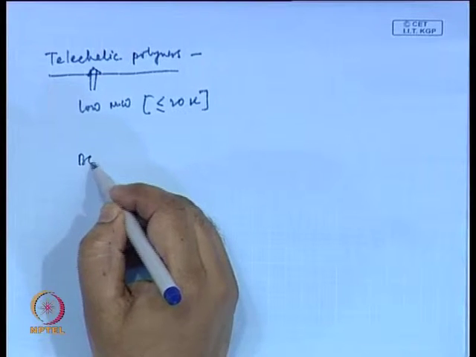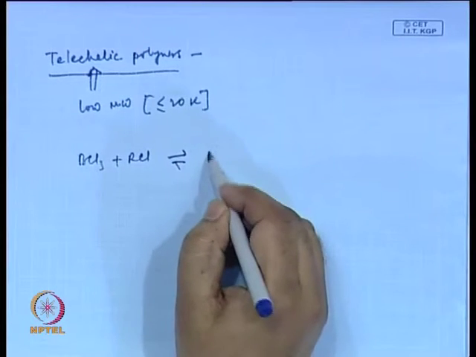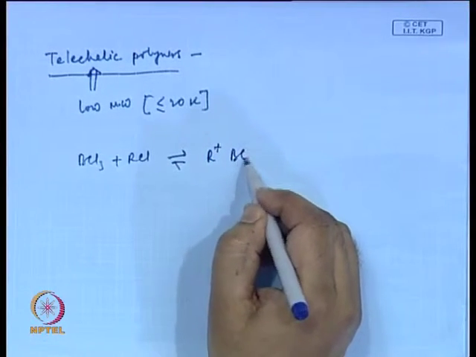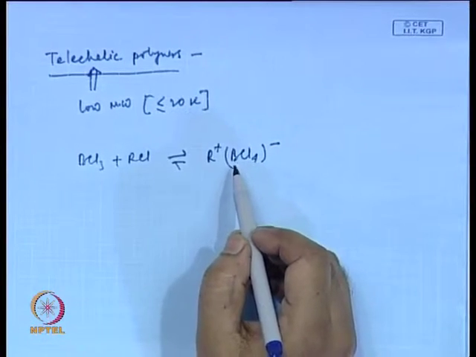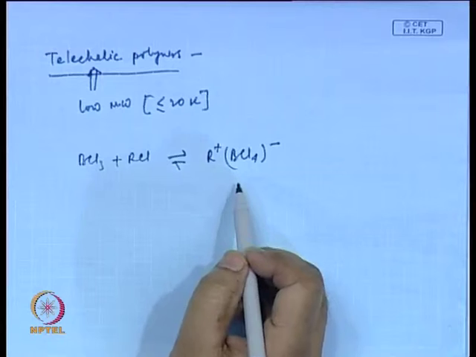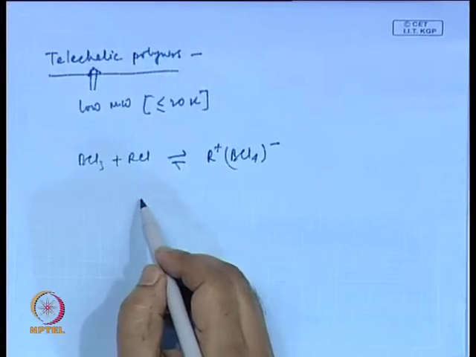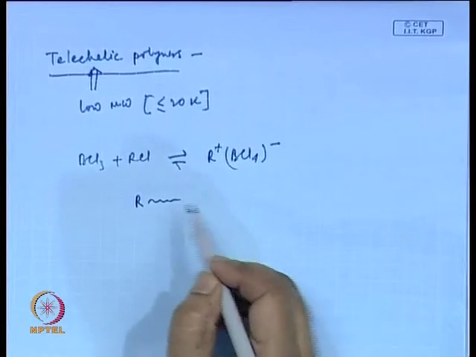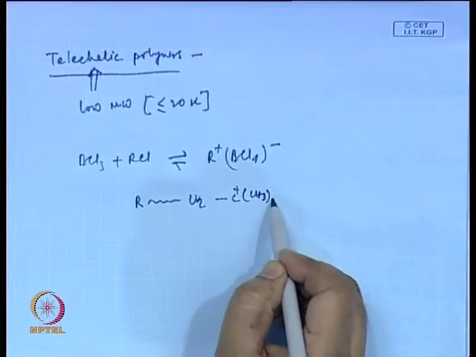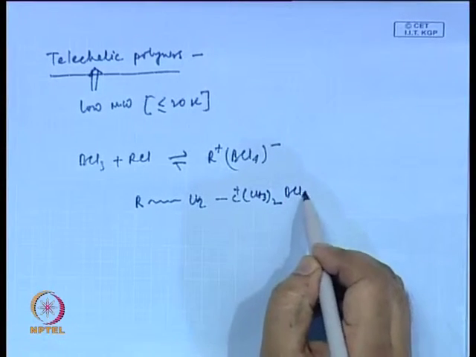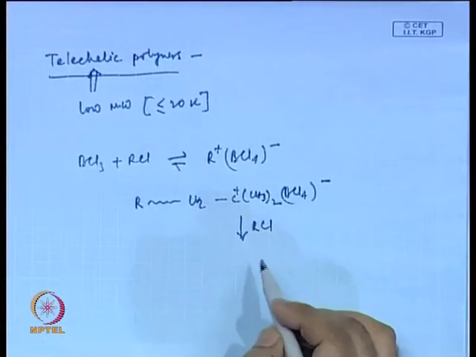For example, we take this general reaction, so you can consider this reaction with isobutylene, and you get a propagating chain like this, which can again react with this alkyl halide.